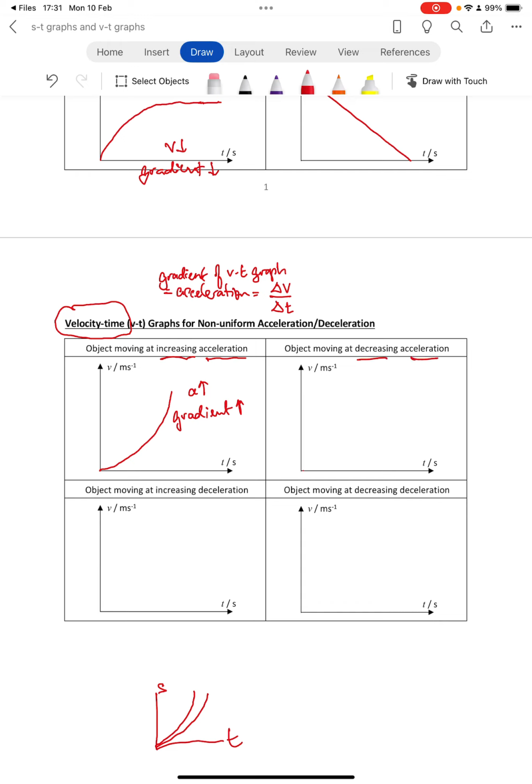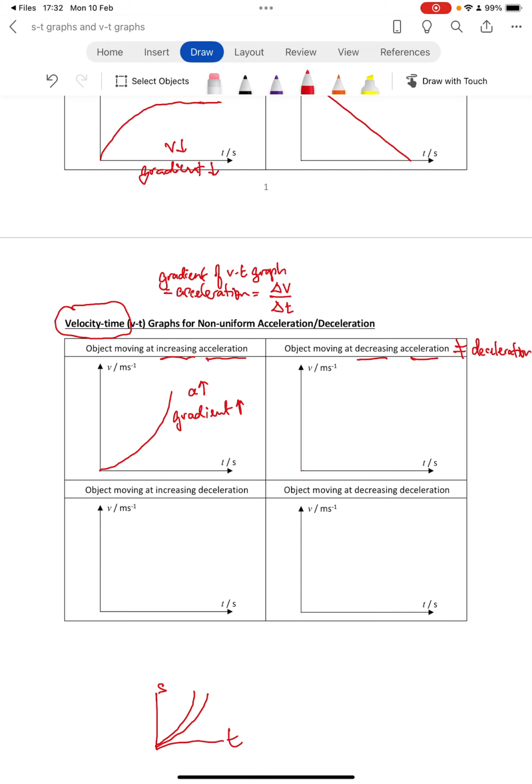Now, decreasing acceleration is not the same as deceleration, right? All right, deceleration means that the object is decreasing in its velocity. But decreasing acceleration means that there is still an increase in velocity, but the rate of that increase is decreasing.